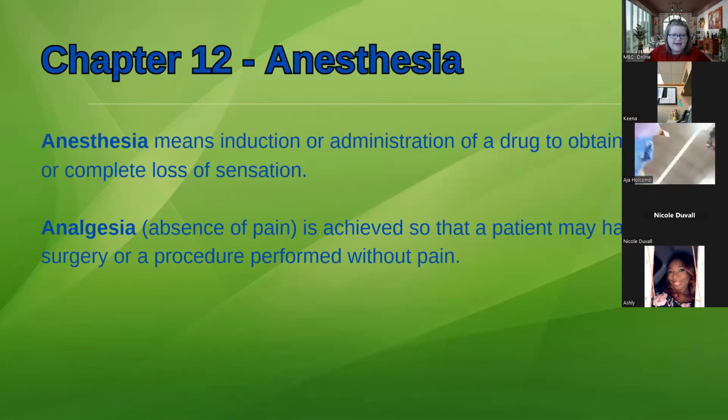Analgesia is the absence of pain, which is achieved so that a patient may have surgery or a procedure performed without pain. An example of this might be, I get the occasional skin cancer on my shoulders or my face or something like that. I go to my dermatologist.